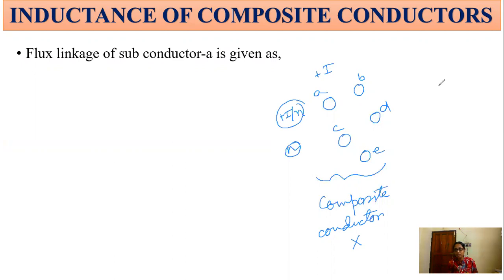Now let's consider another conductor, the return conductor for it. That one is also a composite conductor, having m number of strands, and the current flowing through this composite conductor Y is minus I, obviously under balanced condition.